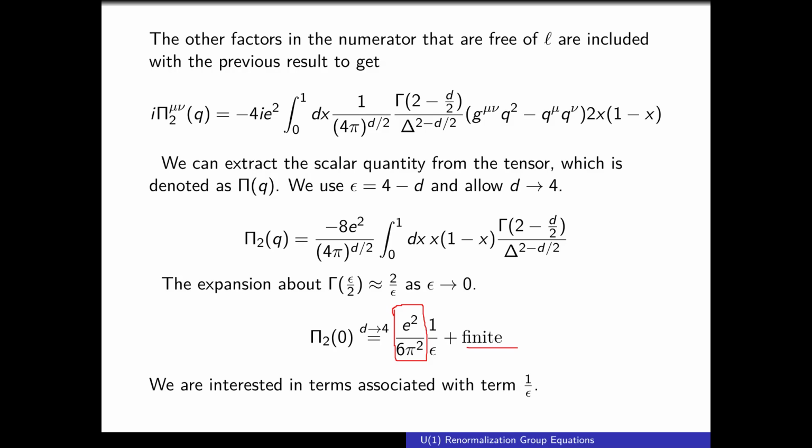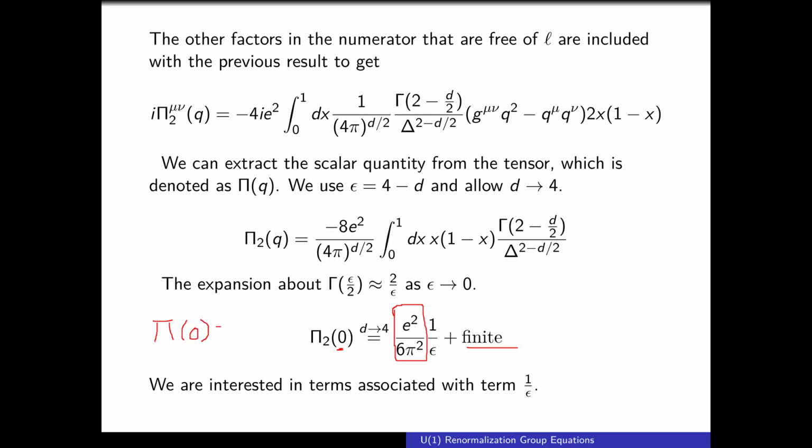We're not really interested in finite terms here. Again, take q to 0, because we have no q dependence here. If we take all loop corrections together, that would just be big Pi without any 2 in the subscript, which includes all possible corrections.